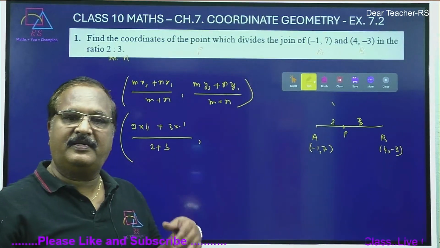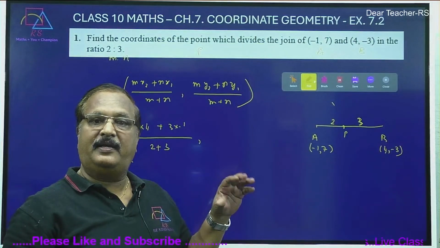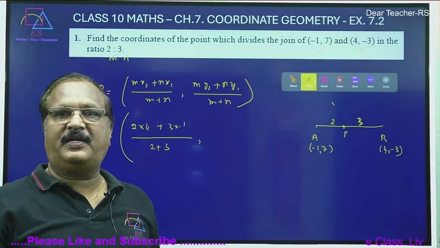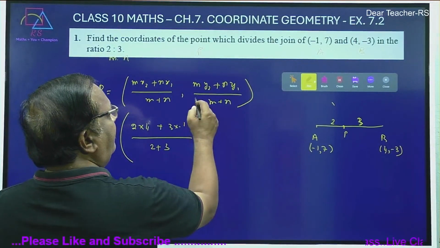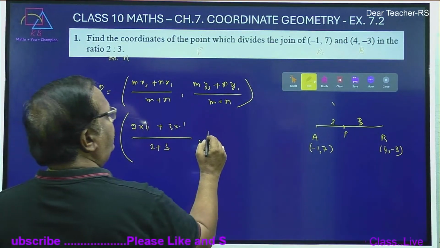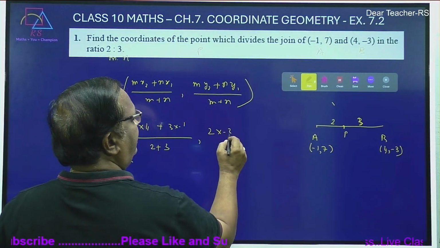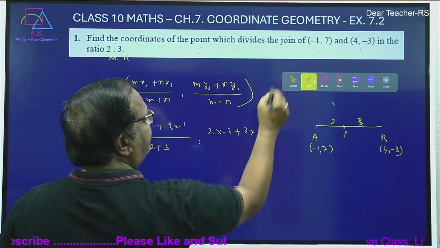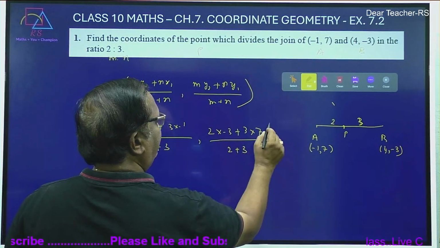When you are substituting, replacing the values, be careful. कभी कभी गलत भी हो सकता है. एक बार गलत हो गया तो आपको मिस्टेक फाइंड आउट करने के लिए टाइम चले जाता है, राइट. So now my2, m is 2 into y2 is minus 3 plus n is 3 and y1 is 7 by 2 plus 3.